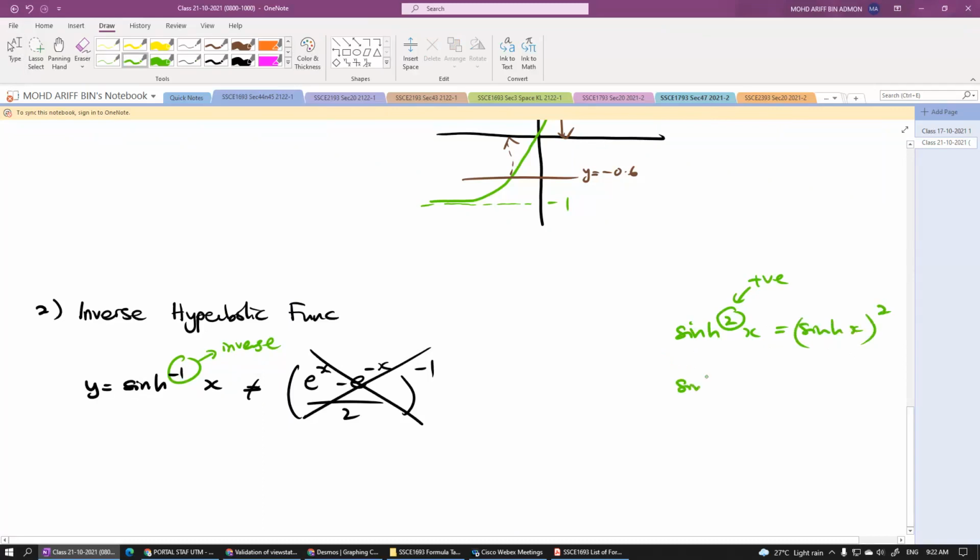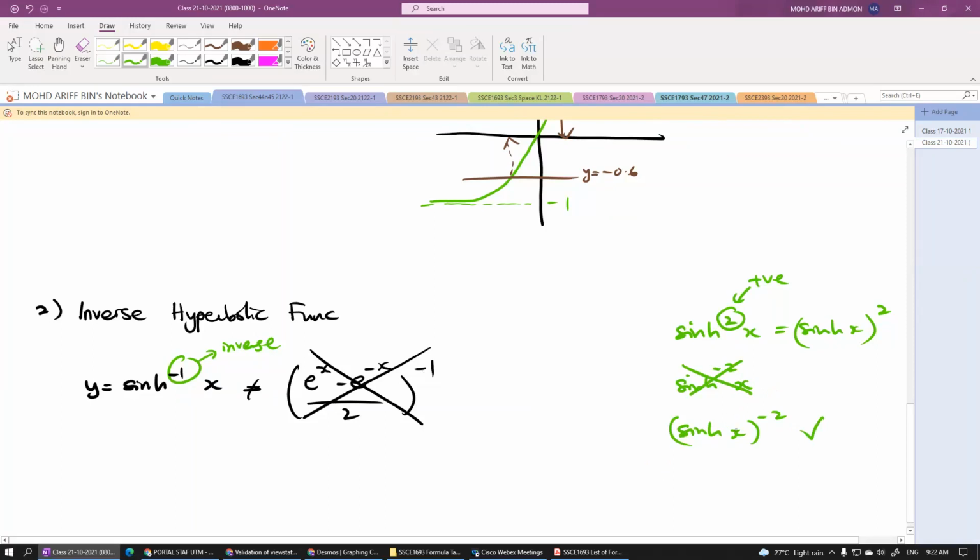But if the power is negative, we rarely write it like this, -2, because of the inverse sign of -1. So normally we rarely write like this. Instead, we just put sine hyperbolic x to the power -2. We commonly do not use this one, but we use this one if the power is negative.